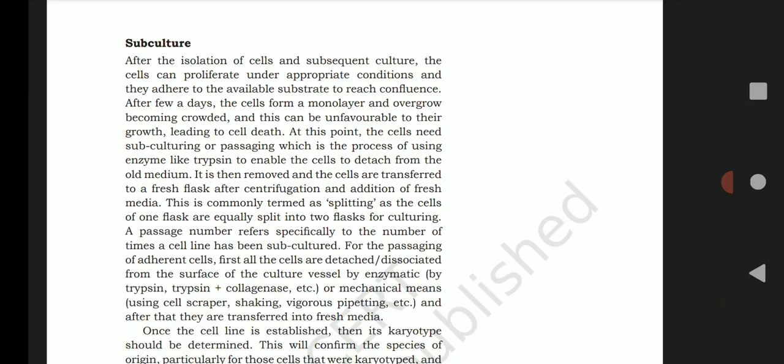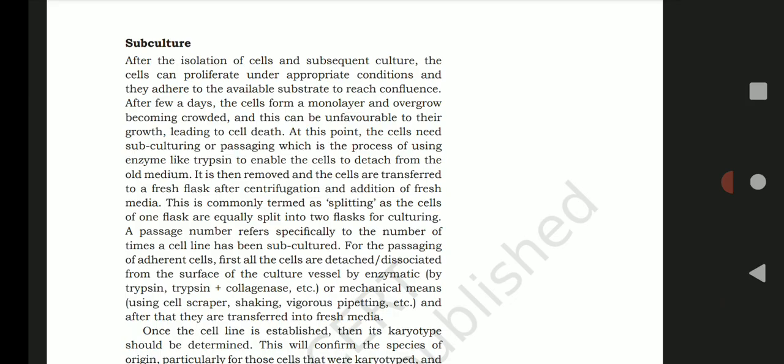Further, the infusion of oxygen to the bottom layer will be less, as well as carbon dioxide, which is maintained by the CO2 incubator for the proper pH. So this is a problem.